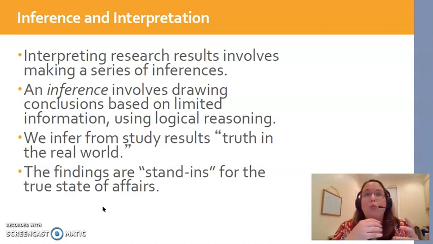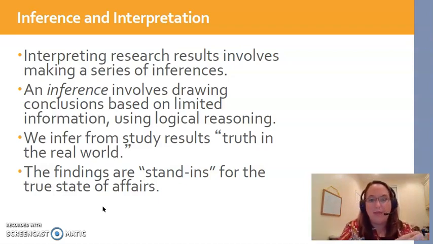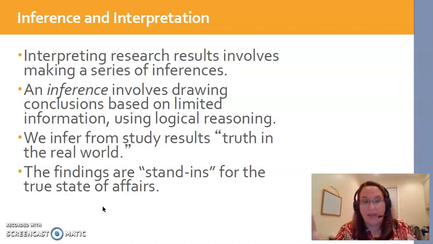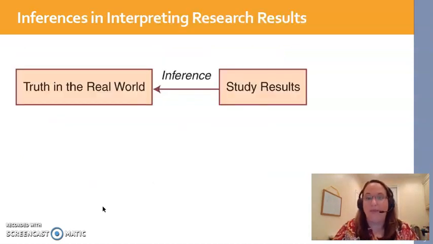But if I'm doing a study about type 2 diabetics, I want to not just learn about those 200 people in my study. I want to learn about every type 2 diabetic. So I've got to make sure that sample of 200 people is diverse enough and looks like the full population of type 2 diabetics so that I can make inferences about the whole population. So this is an example of that.